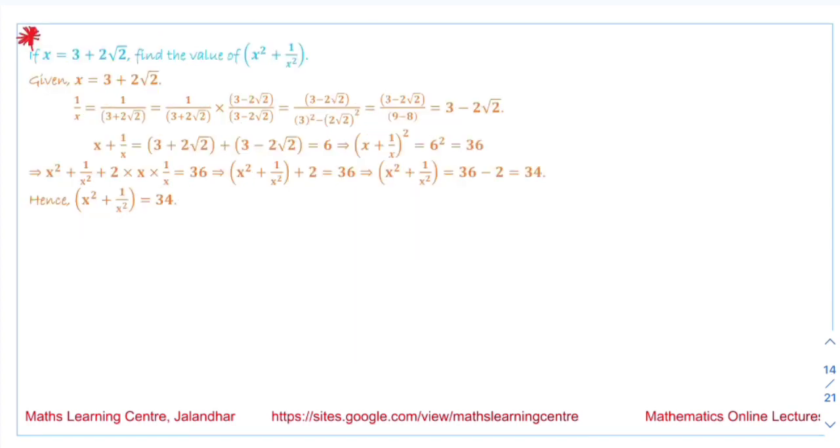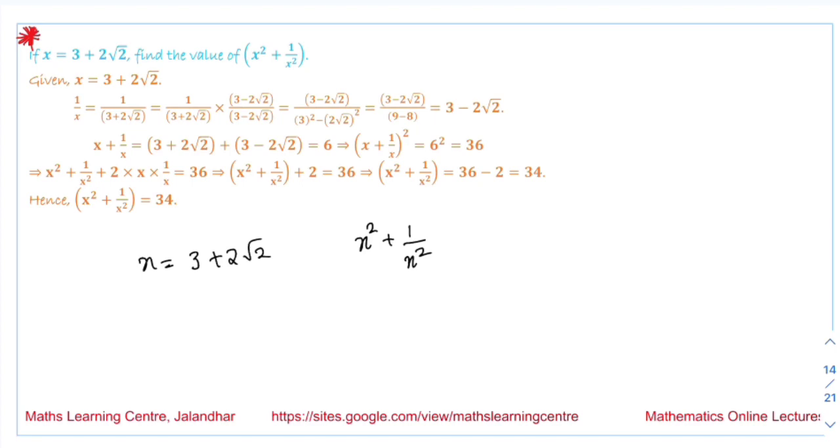Now next is, if x is equal to 3 plus 2 square root of 2, you have to find the value of x square plus 1 by x square. One procedure is that you calculate x square, then you calculate 1 by x square.